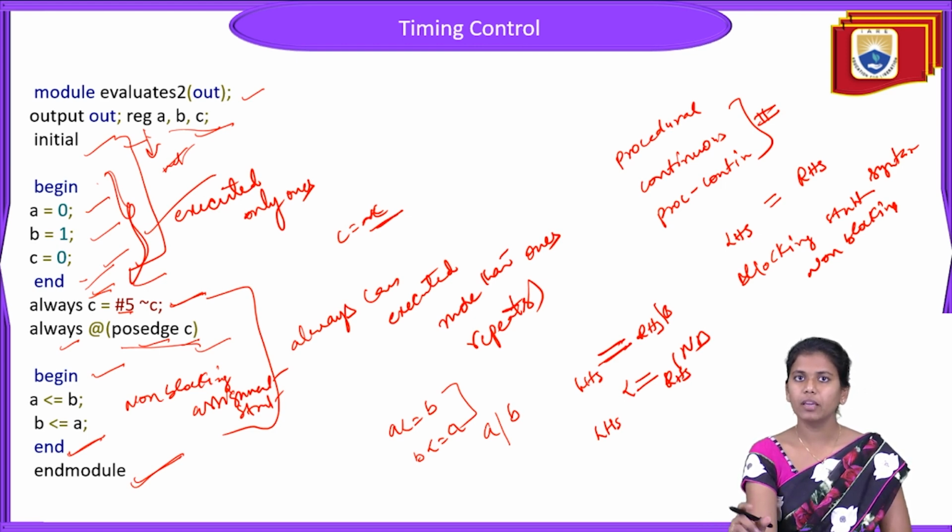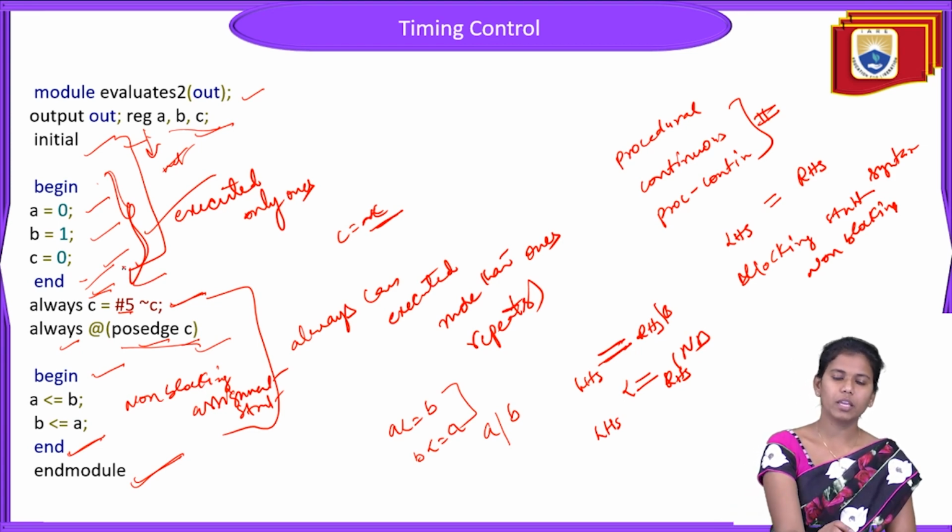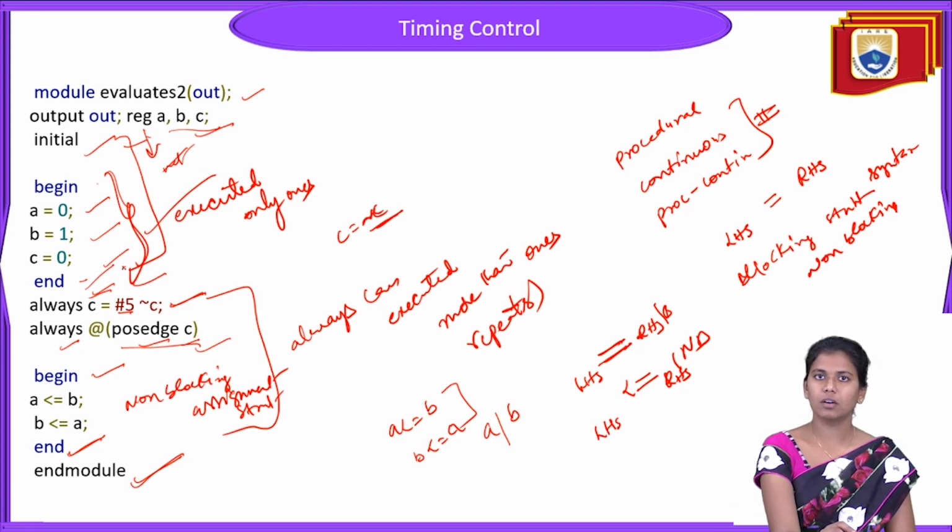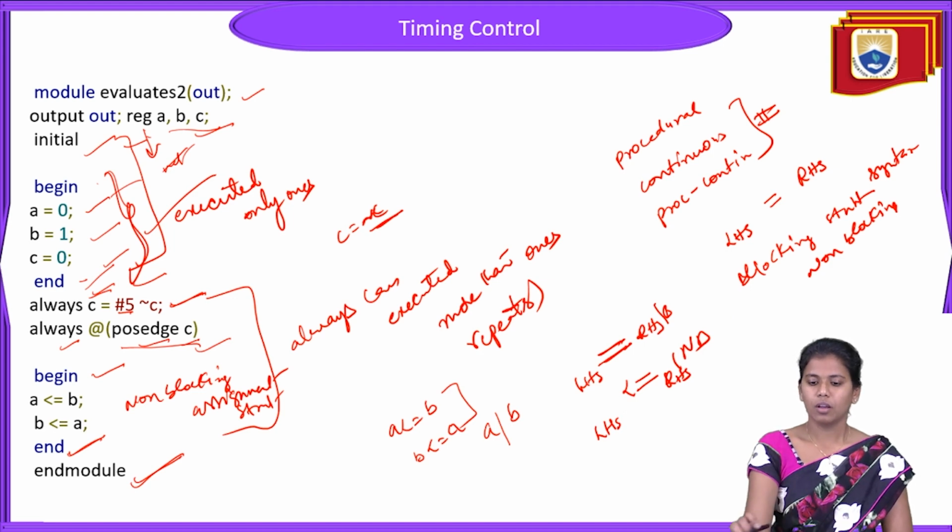The delay can be considered either in the initial block or in the always statements. But always statements can be executed more than once, whereas the initial statement can execute only once. So, this is all about the timing control.